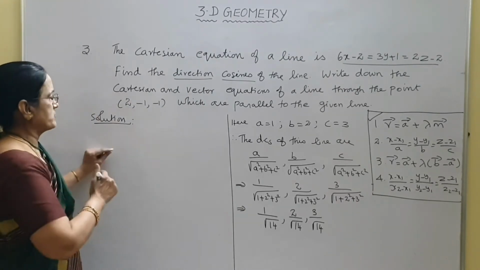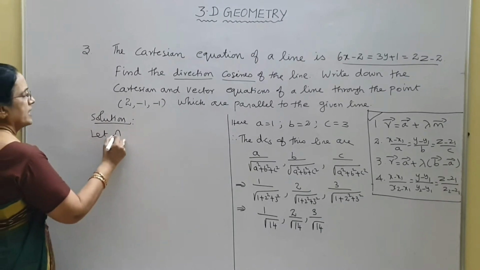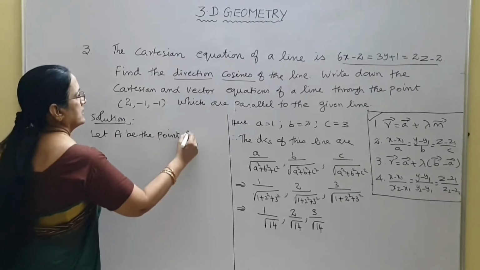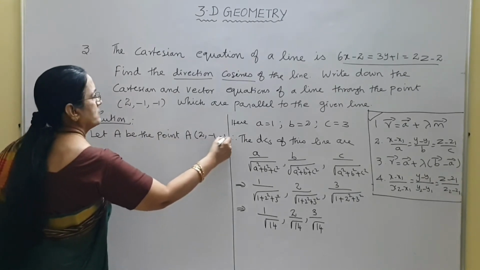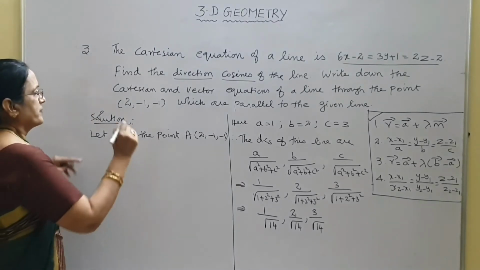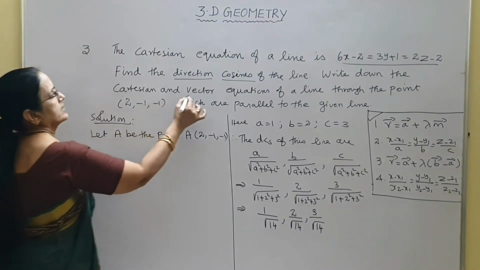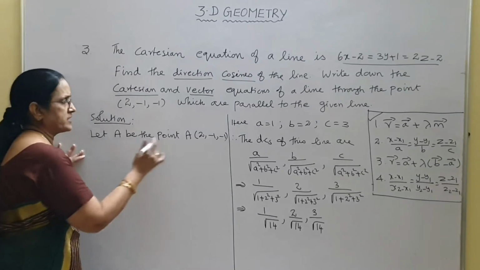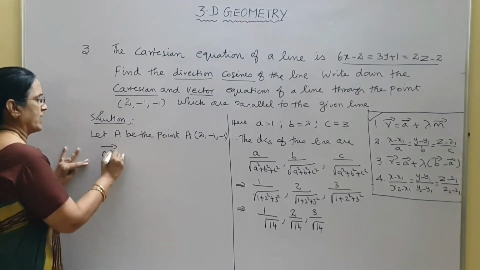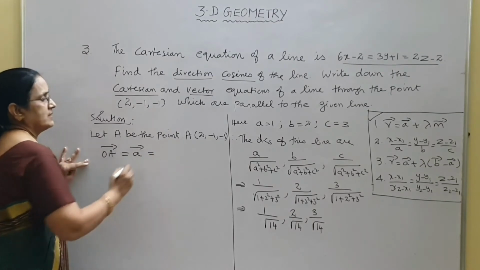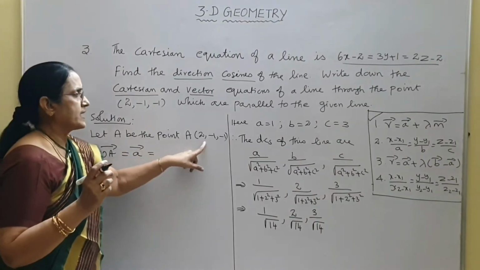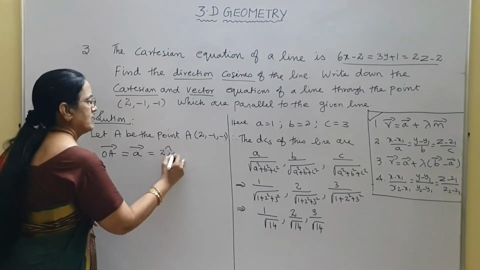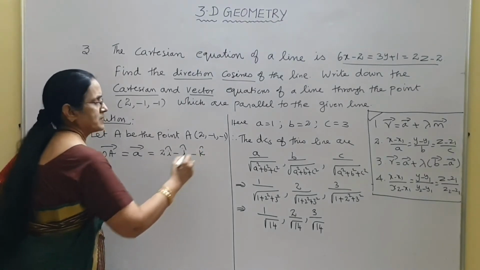First we need to make the assumption: let A be the point 2, minus 1, minus 1. First let us write it in vector form and then we will write it in Cartesian form. Therefore, the position vector of the point A, which is vector OA, which is vector a, is nothing but 2i cap minus j cap minus k cap.